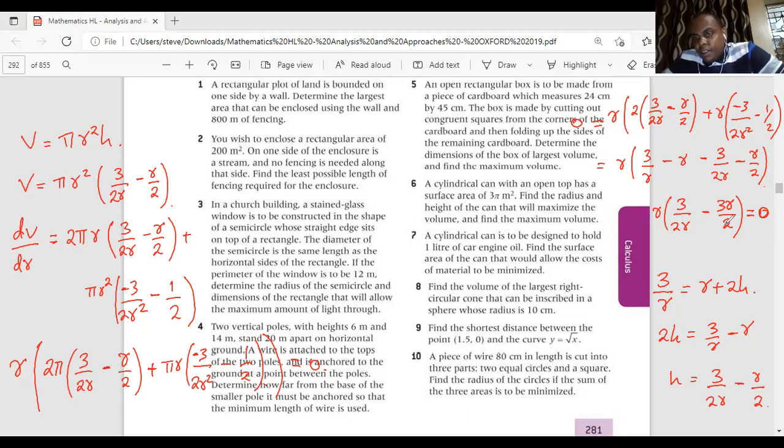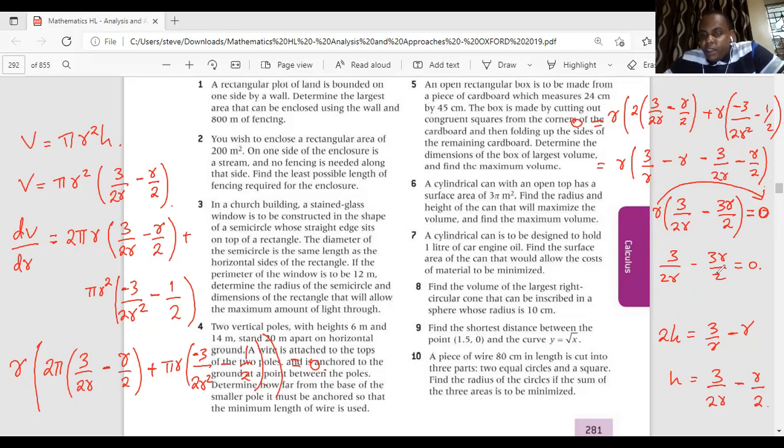Okay. So what we need to do now, you could assume r is 0, or you could assume that 3 over 2r minus 3r over 2 equals 0. Right. And then let's solve this.